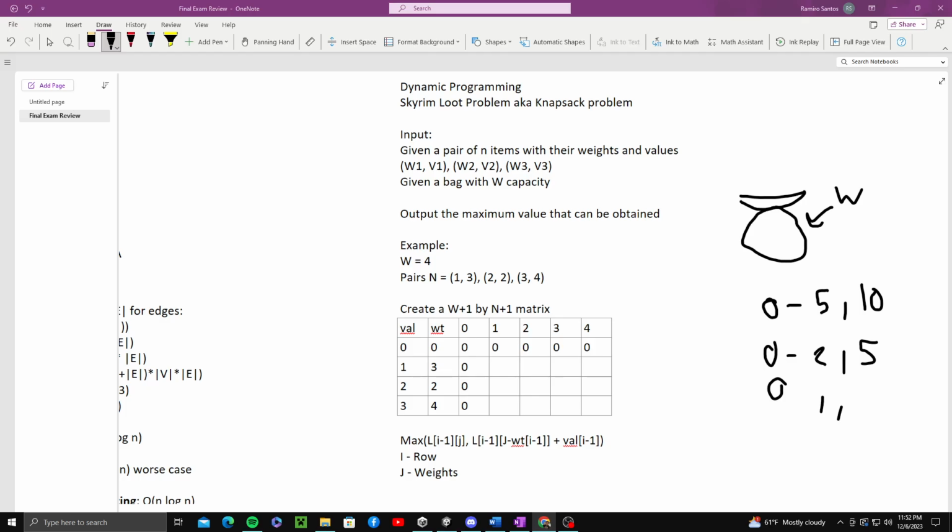So this is an example I have. You see I have an initial capacity of 4, and I have 3 items, just so it's a very short example. If you're ever doing this during the exam, I really recommend you draw out this type of matrix.